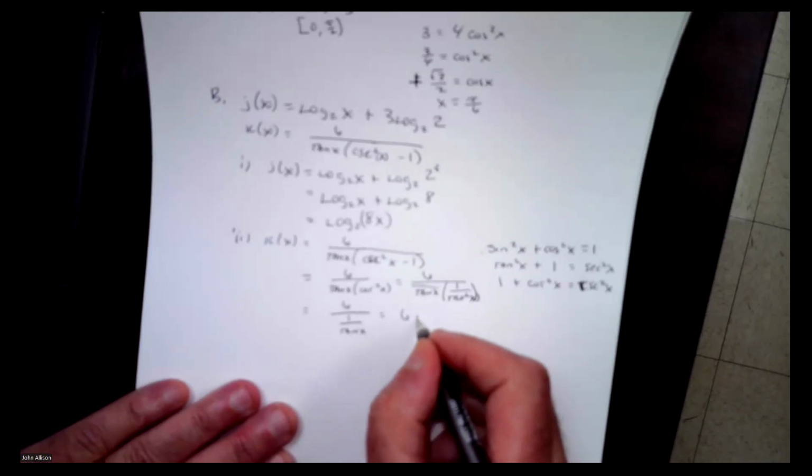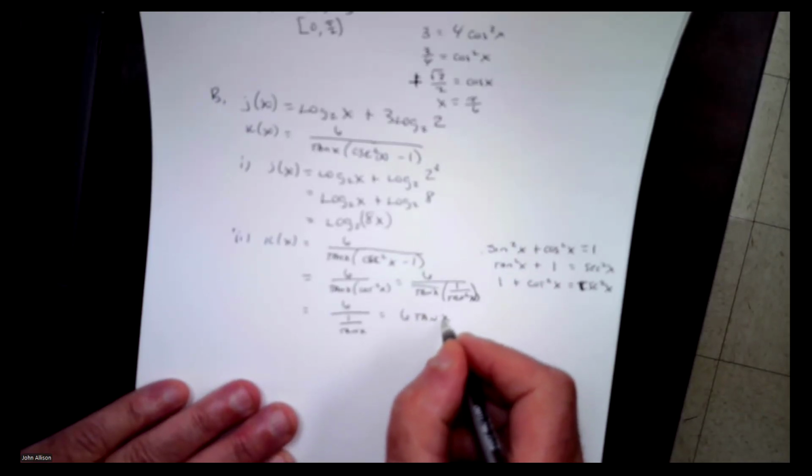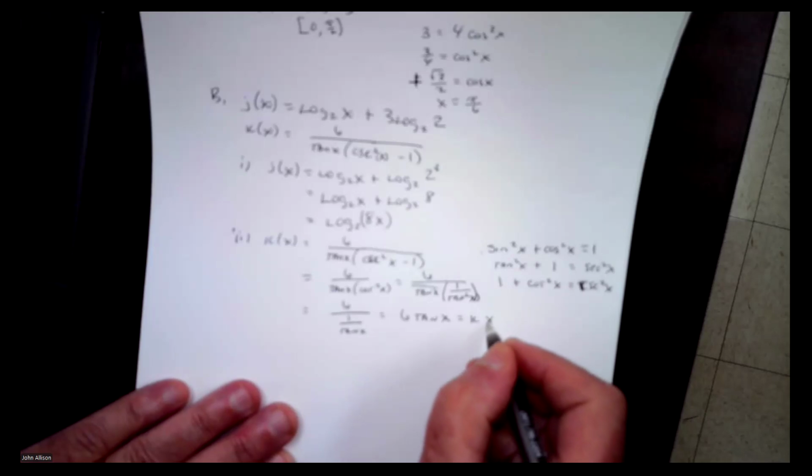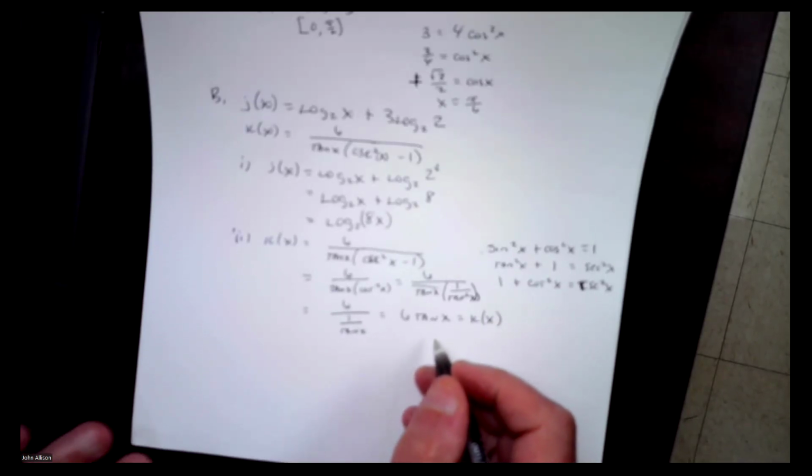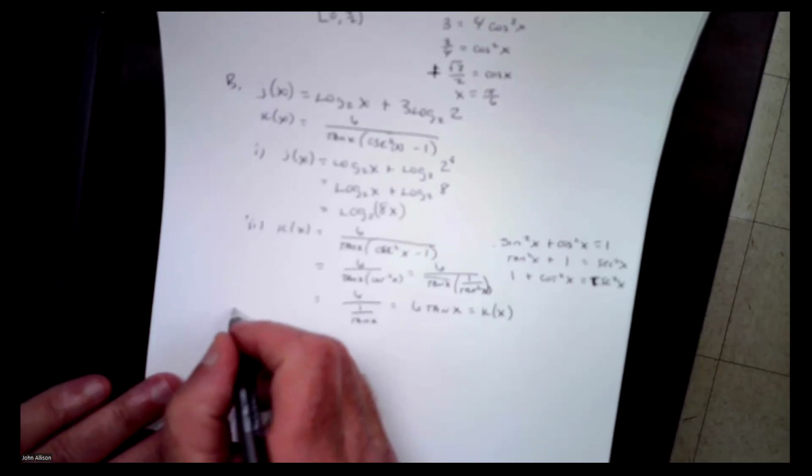Multiply by the reciprocal, and you get 6 tangent x equals k of x. Tangent x appears exactly one time. Part C.